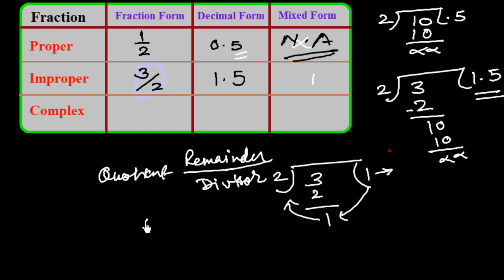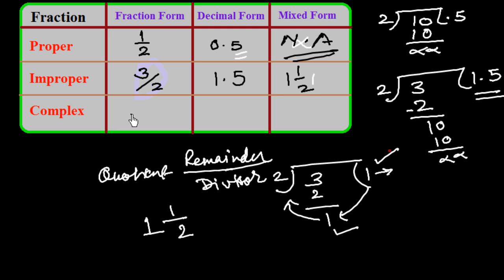The quotient is 1 here, and the remainder is also 1, so we write 1 here, and the divisor is 2. So we can write 1 and 1 by 2. In this way we could write improper fractions in mixed form, 1 and 1 by 2.